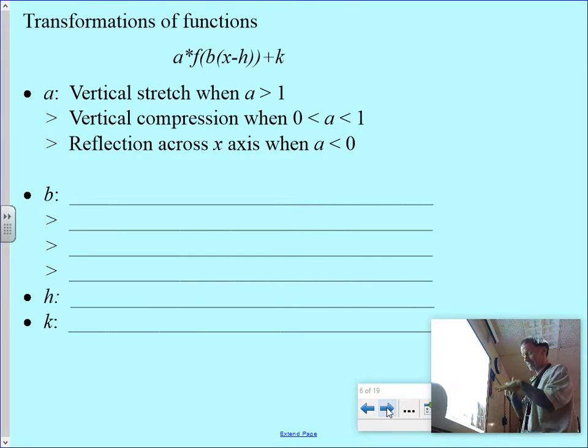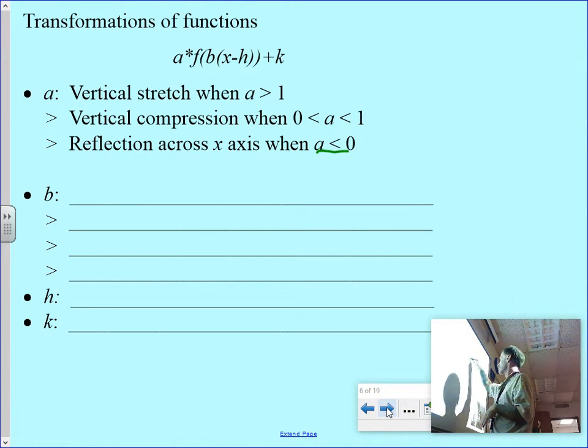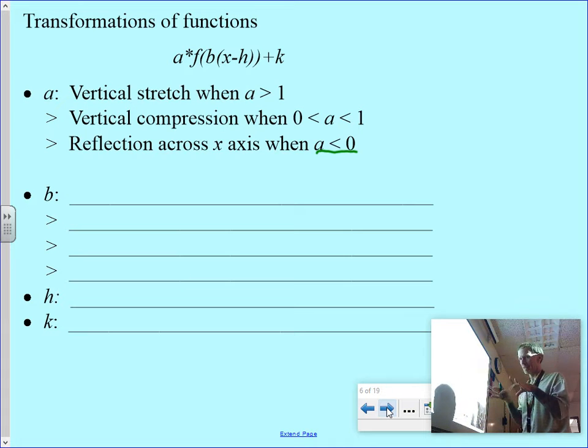If a is less than 1, then it's a vertical compression, and you can think of that as going wider or flatter, depending on how you look at it. If a is negative, it doesn't matter what the number actually is, if you see a negative sign out front, then it is a reflection across the x-axis. Okay? So that's your a value.